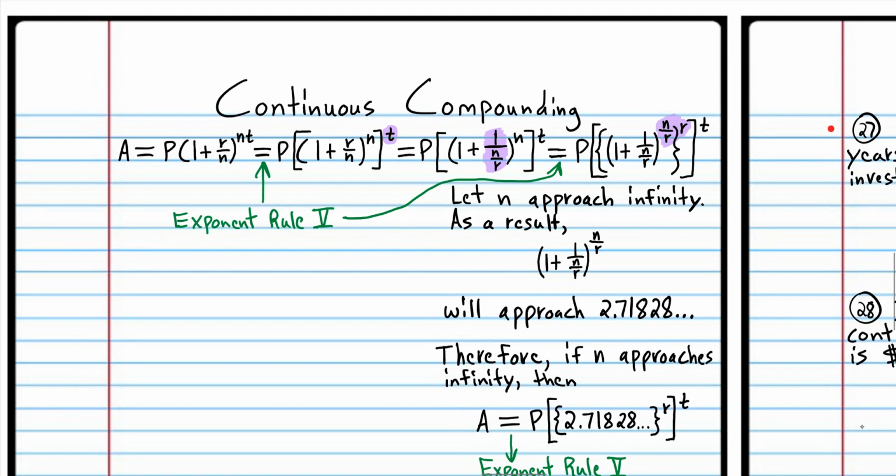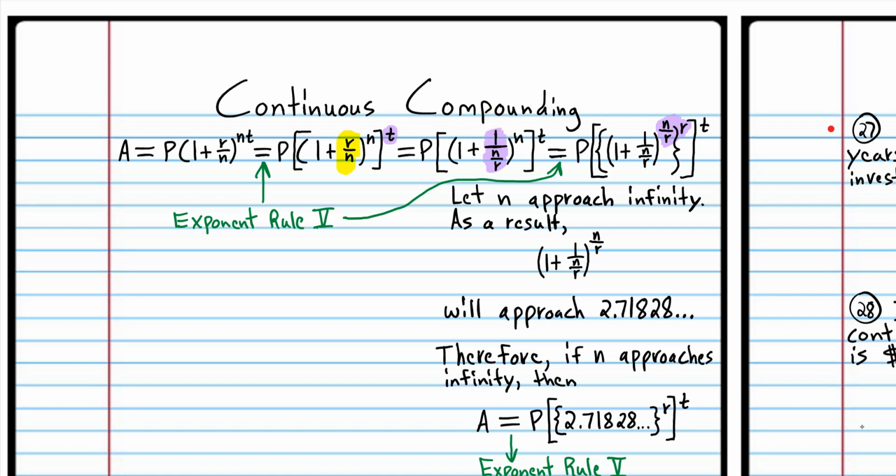I don't want to intimidate you with all this stuff here, but all we're doing is using exponent rule number 5 in reverse, and then making a fraction complex.